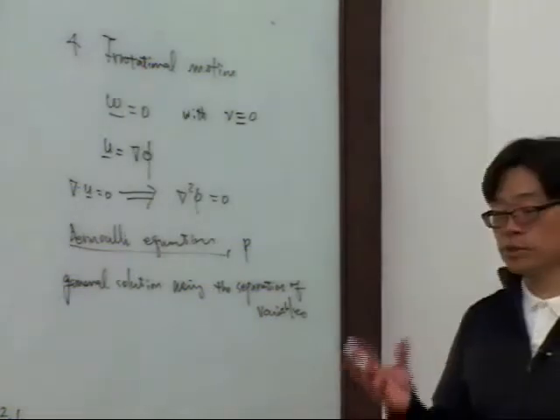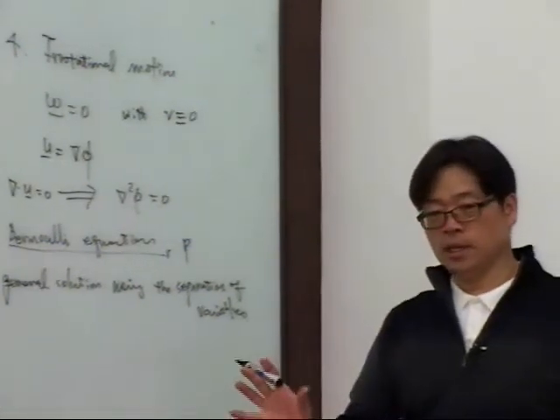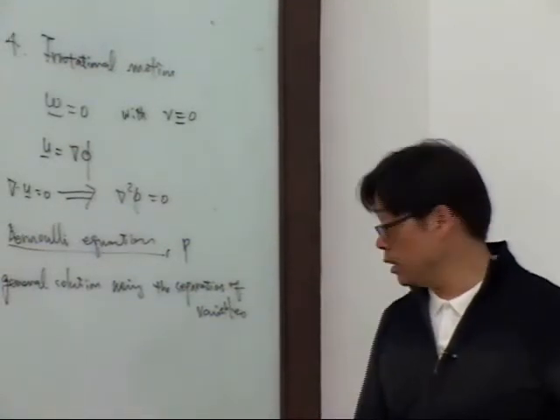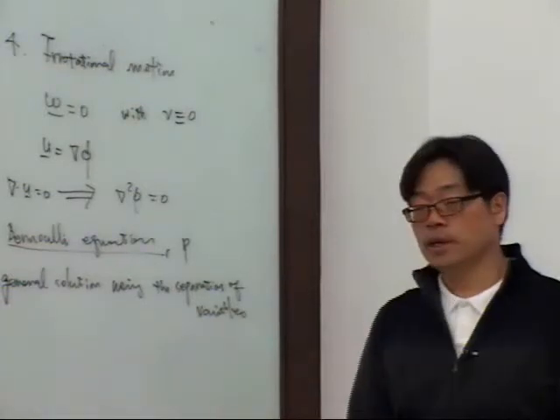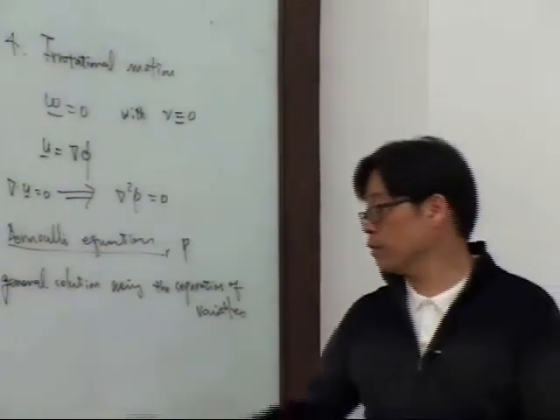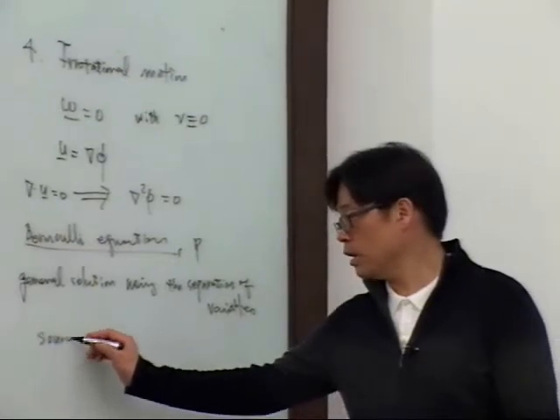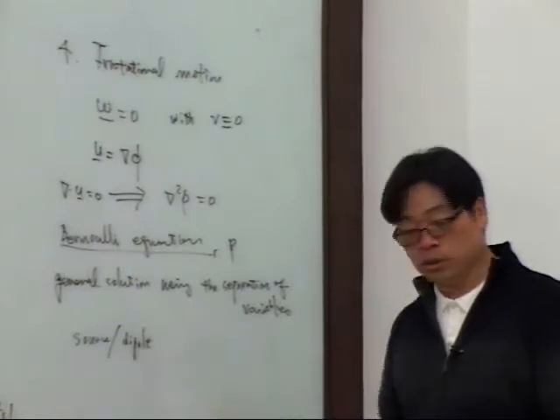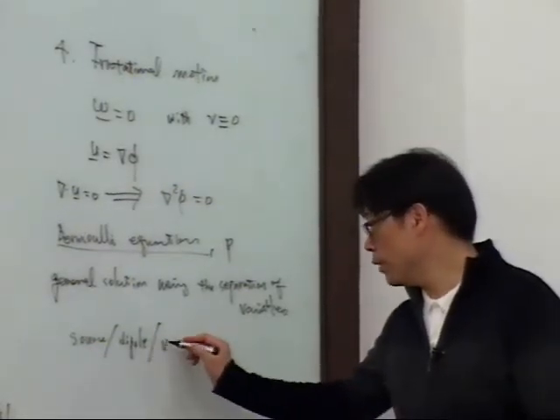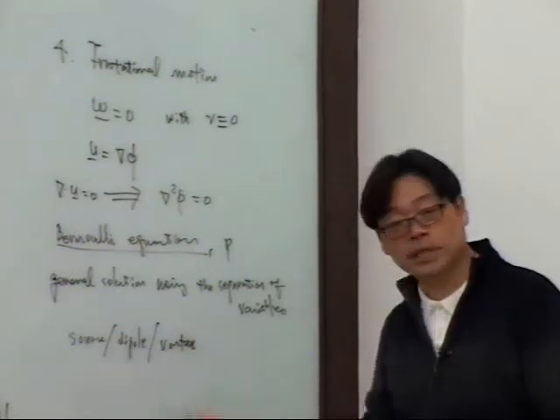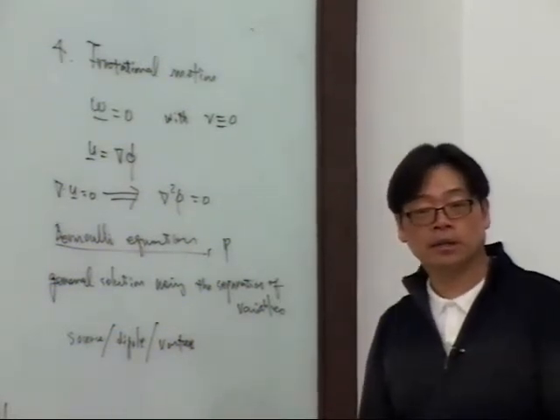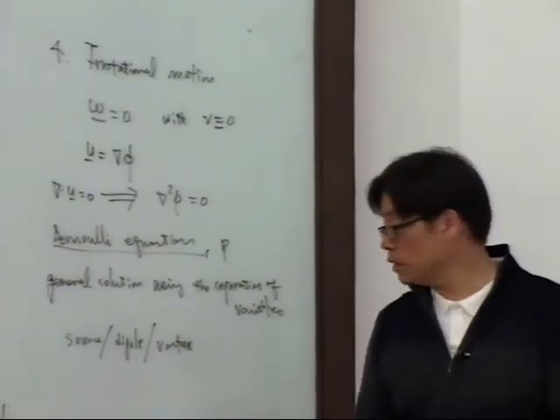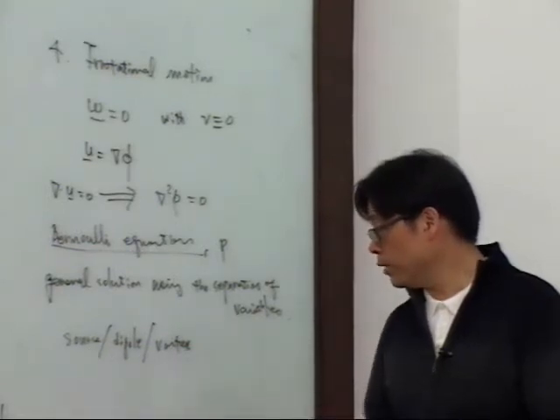So we assume the function depends on only x and z. The product of two functions, one depends on x only, and the other depends on only z, and then you can find the solution. And so at least you should know what a source or sink is, and also you have to know what a dipole and a vortex are. I think those are the three things that I discussed in the class in detail. So you have to know these three, how to write the potentials for source, dipole, and vortex.